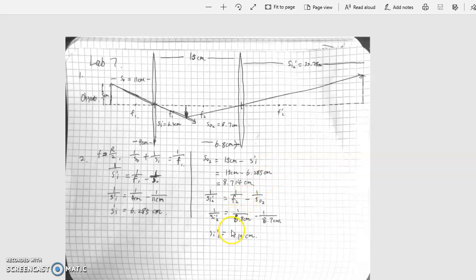And for the second s prime, which is behind this lens, we do the same thing. Well, first of all we find S2. So it's S1's image. This is the distance between S1's image and the second lens.